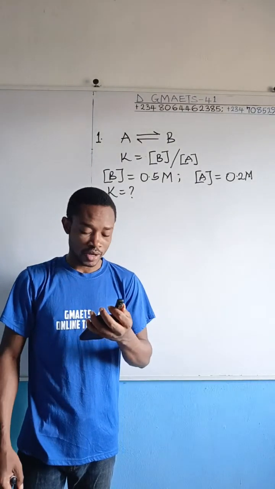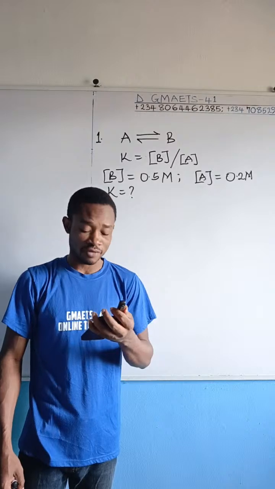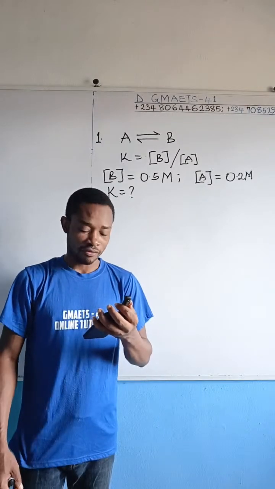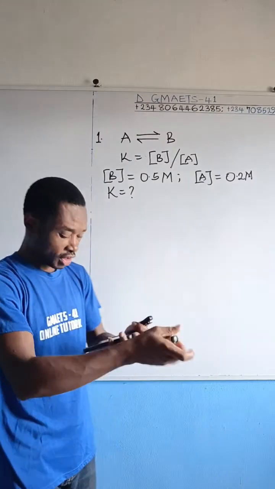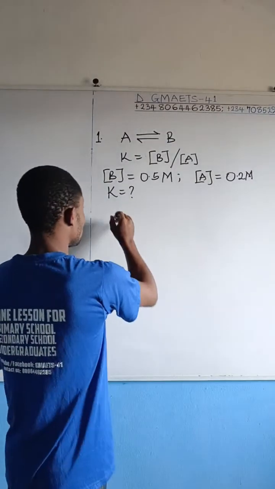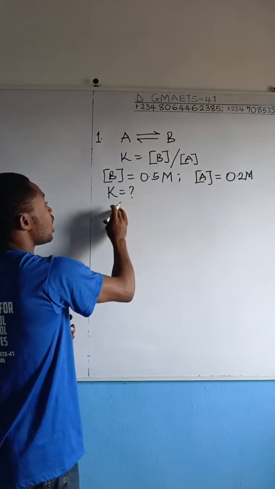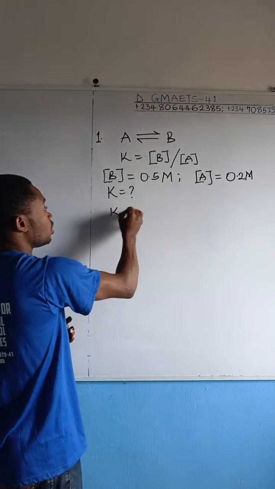Option A, 2.5, option B, 1.25, option C, 0.4, option D, 0.25. So that's the question, and we're going to see how we solve it. Now we are given that K is equal to this concentration.